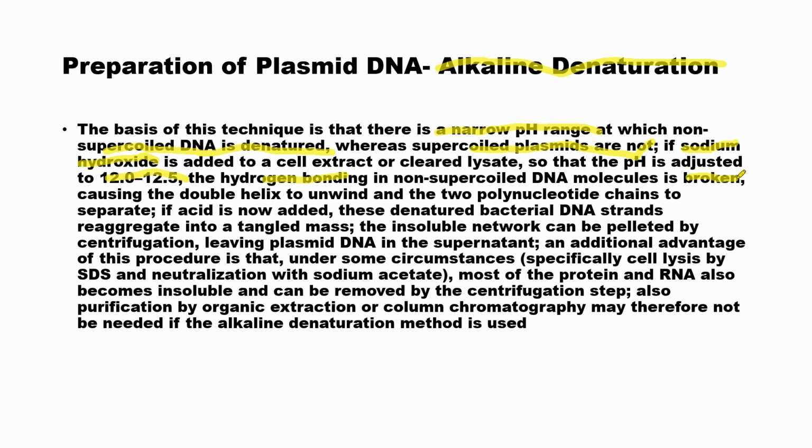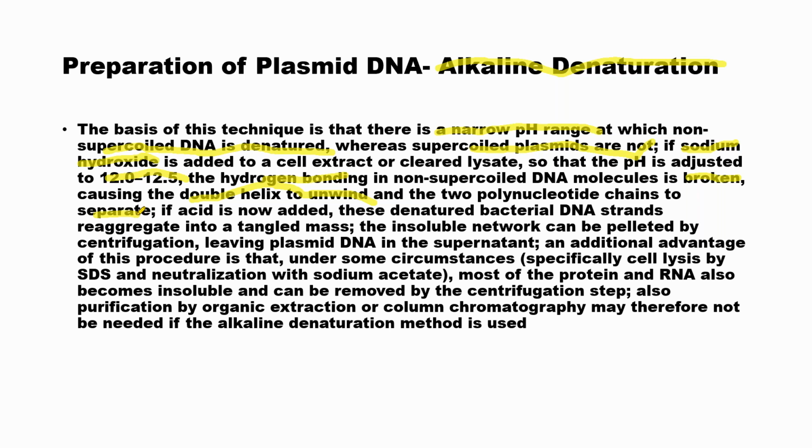As a result, non-supercoiled chromosomal DNA is denatured. It causes the double helix to unwind and the two polynucleotide chains to separate. What we are doing is taking the clear lysate or cell extract, and into that we are adding sodium hydroxide with a pH range of 12 to 12.5.